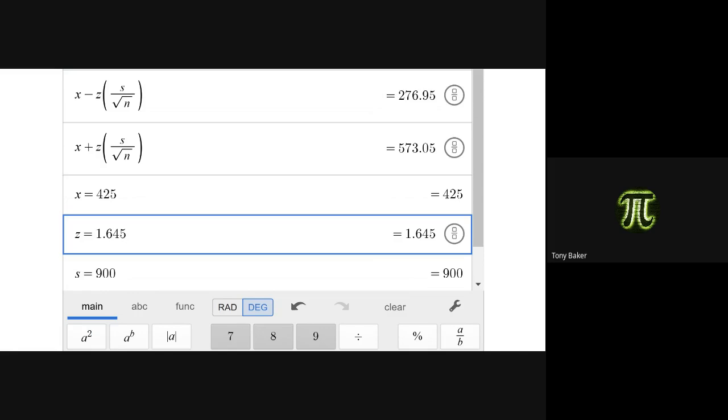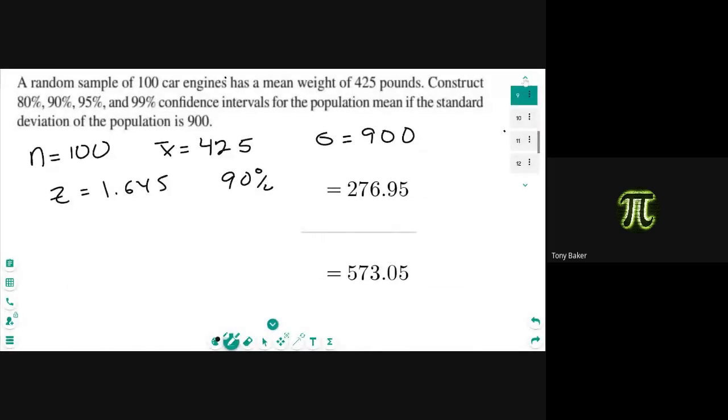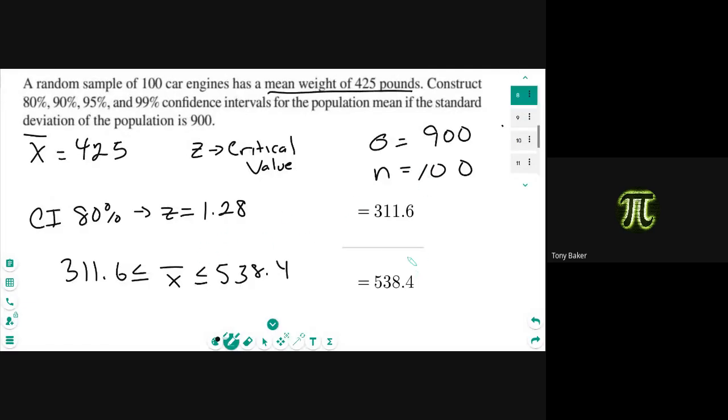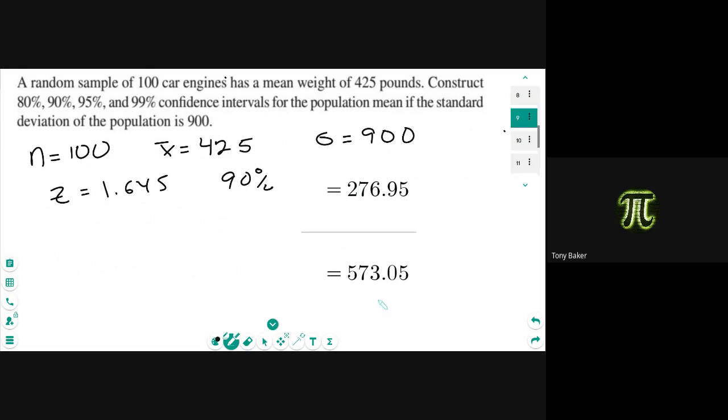Hold on, I'm going to go back here. So this was my 80%, 311 to 538, and my 90% is 276 to 573. So it's wider, right? Does that make sense? I am now 90% confident that my value is going to be somewhere between 276 and 573.